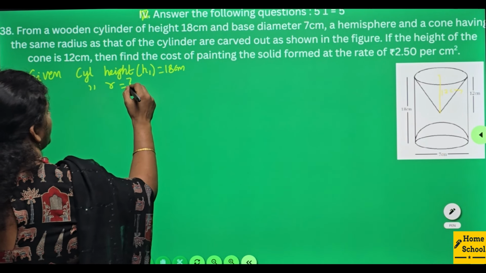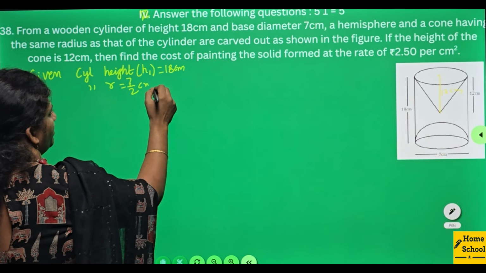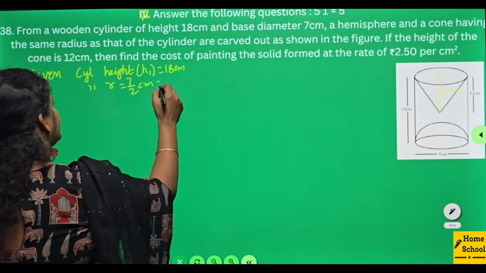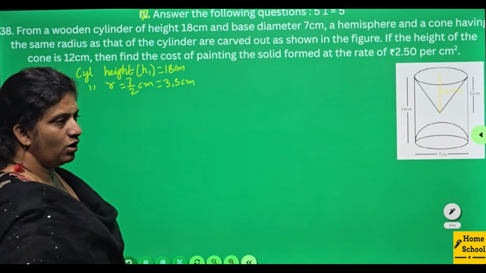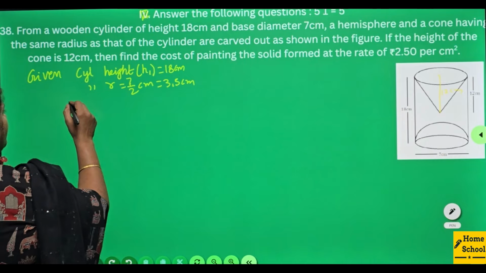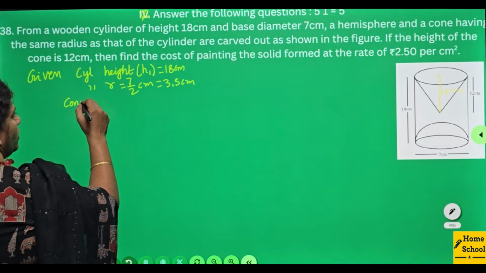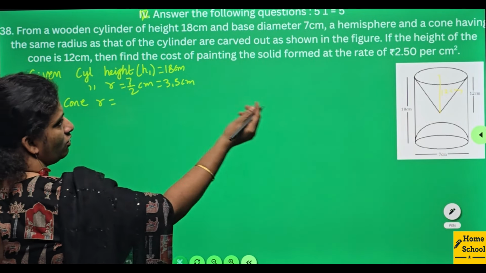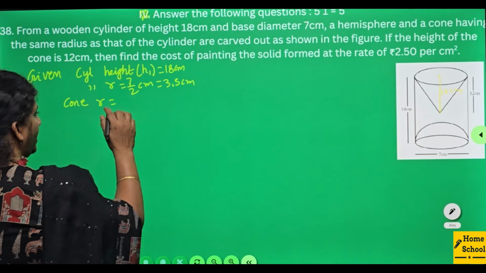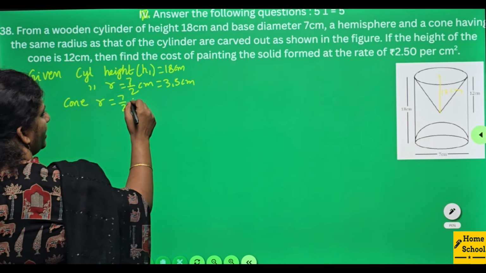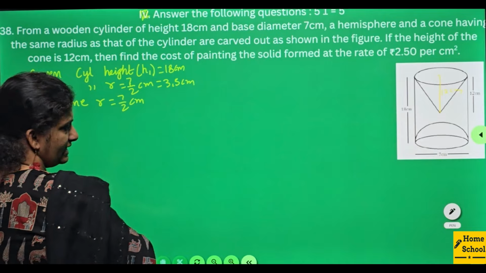So radius is equal to 7 by 2 centimeter, or else you can write this as 3.5 centimeters also. Next, cone. Cone radius is same as the cylinder radius. So I will take only R, that is also 7 by 2 centimeter or 3.5 centimeter.